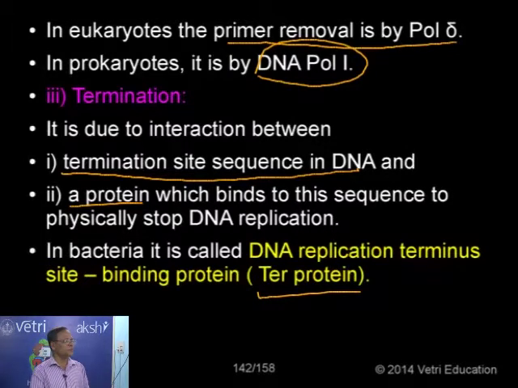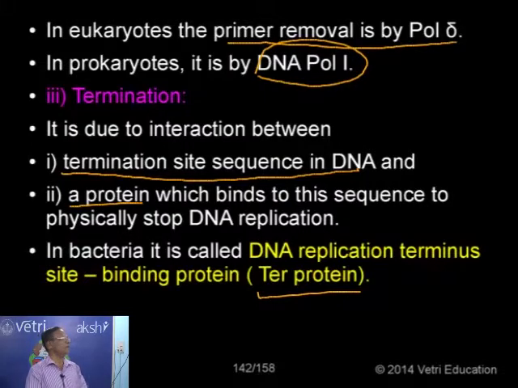The same name is also applicable for eukaryotes, because there also we have the physical interaction between the termination site sequence of DNA and the protein. These are two factors with one event, the binding process, which stops the replication process physically.